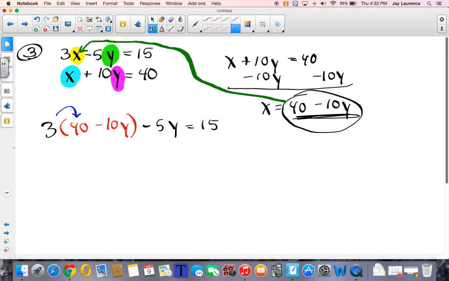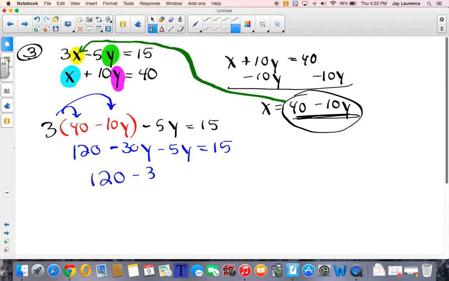So now I'll distribute, and I'm going to get 120 minus 30y minus 5y equals 15. Like terms, because they're on the same side of the equal sign, 120 minus 35y equals 15. I'm going to subtract 120 from both sides.